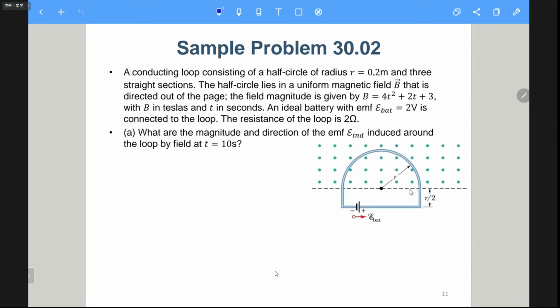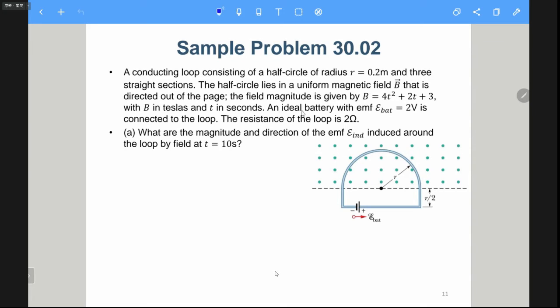Above this dotted line, there is a uniform magnetic field directly out of the page. This is a dot, so it is out of the page. The field magnitude is given by this expression, B equals a function of time, which means this magnetic field is changing with respect to time, with B in Tesla and t in seconds.